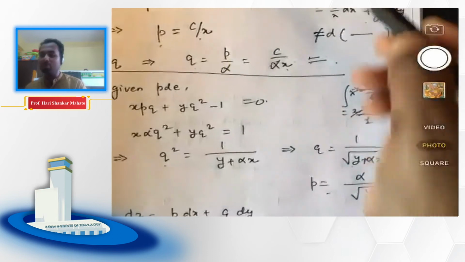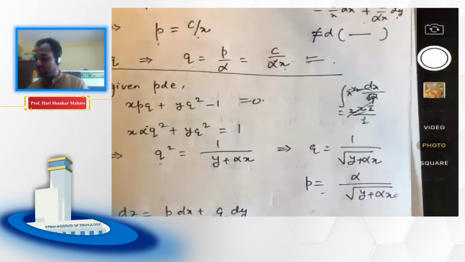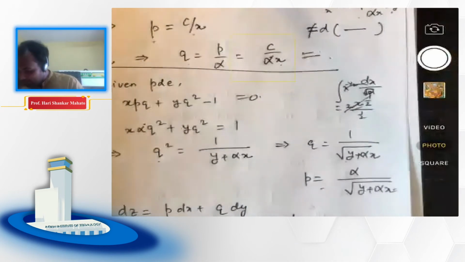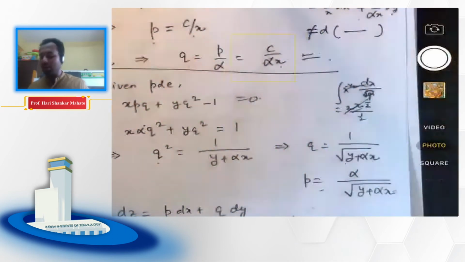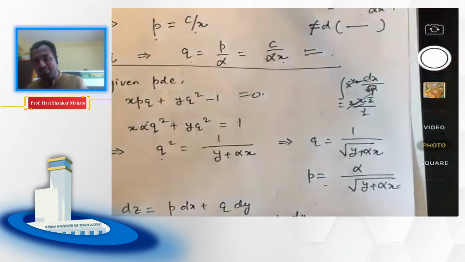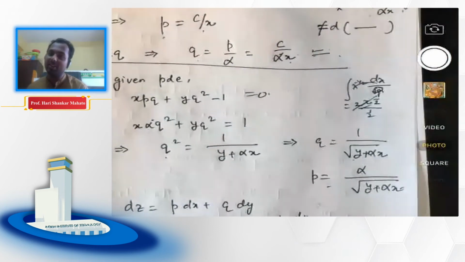Now the minute you put them in this formula, it is pretty apparent that this whole thing can be written as d of (alpha x plus y) divided by square root of (alpha x plus y). So that means this thing has become d of m divided by square root of m, and now this can be integrated very easily.